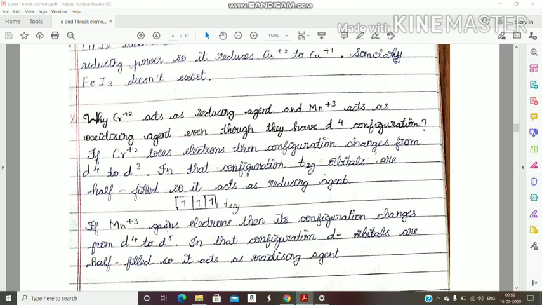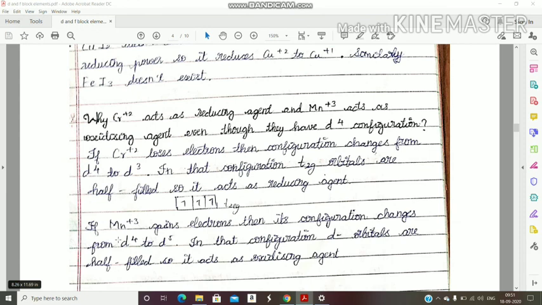D orbitals are split into 2 groups, t2g and eg. t2g has 3 orbitals and eg has 2 orbitals. If Cr plus 2 loses electrons, its configuration becomes d4 to d3. Then the t2g orbitals become half-filled. If an atom or ion has a half-filled or completely filled configuration, it will be more stable. So when it loses electrons, it becomes stable, so it acts as reducing agent. That is the reason behind that one.